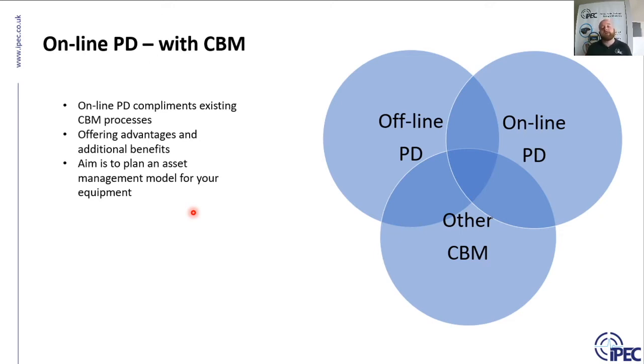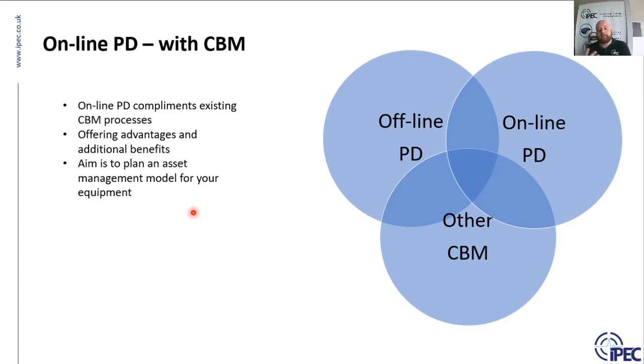One of the biggest advantages of online PD, of course, is that you're viewing the condition of the network live. That brings two main advantages. One is if you see a PD, you know that it's occurring live, whereas if you were to do an offline PD test, possibly you would create the PD yourself through the test, or you would only find a future problem, not a current problem.